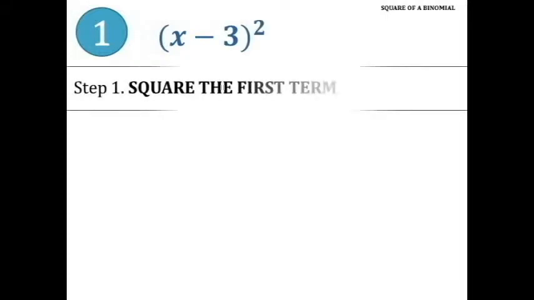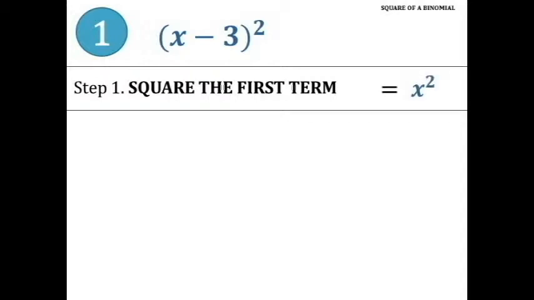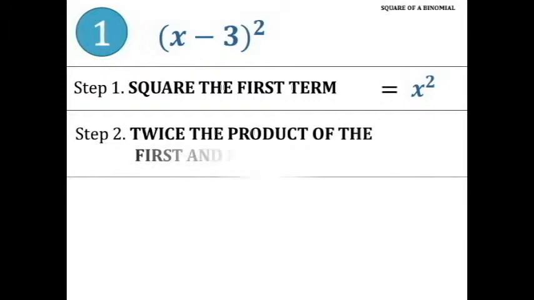We now have our first example, which is x minus 3 quantity squared. The first step in finding the square of a binomial is to square the first term. In our expression, our first term is x, so we get x squared. Second is twice the product of the first and the last term.